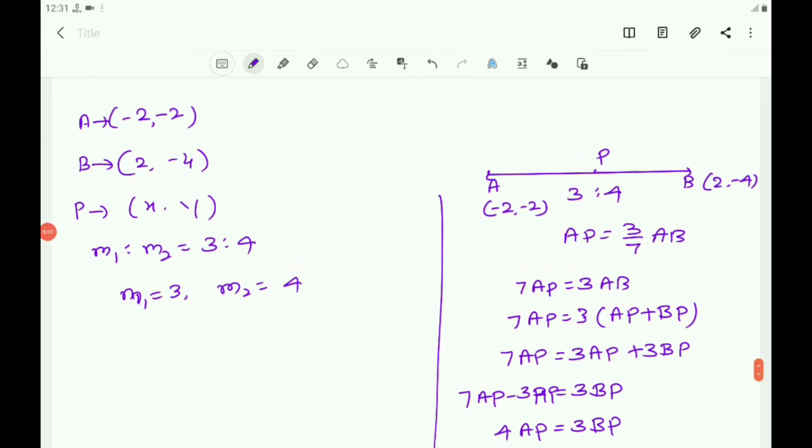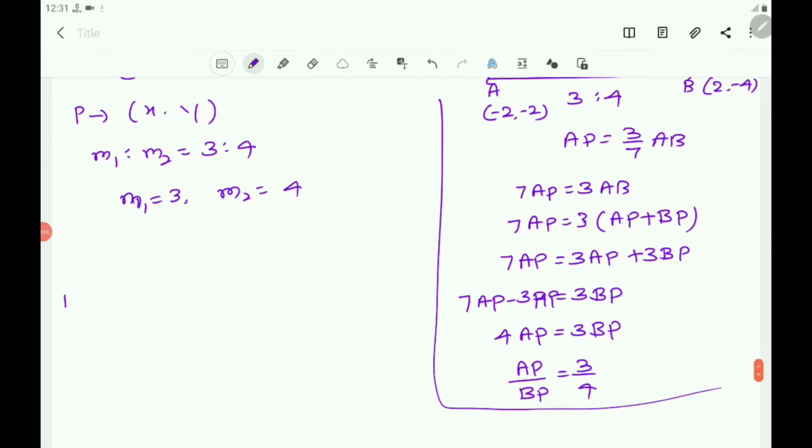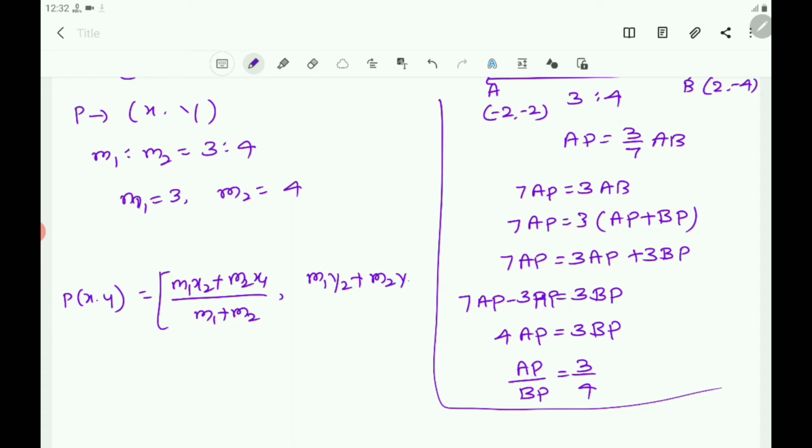Then you write the section formula, that is P of (x, y) equals ((m1 x2 plus m2 x1) by (m1 plus m2), (m1 y2 plus m2 y1) by (m1 plus m2)).